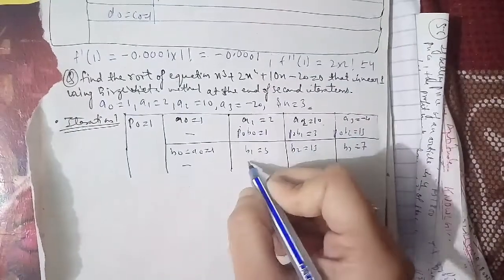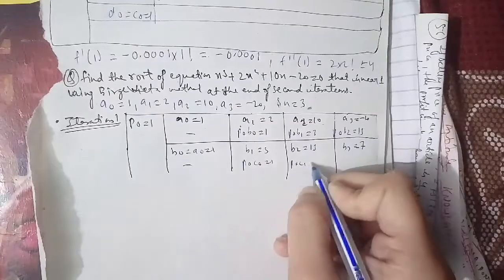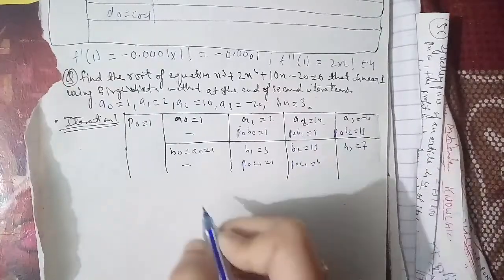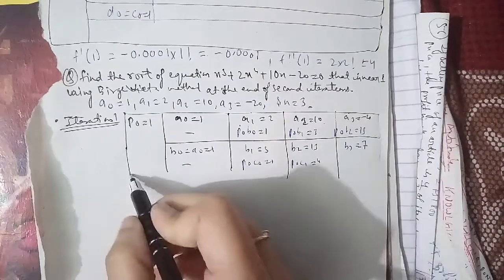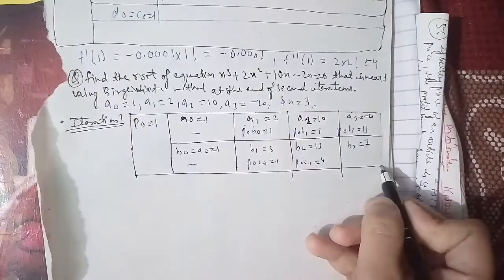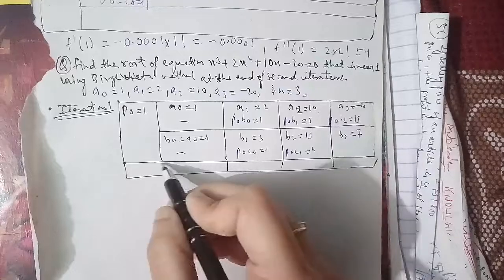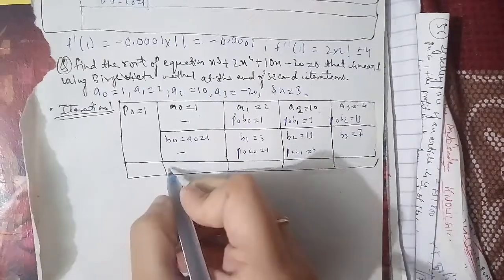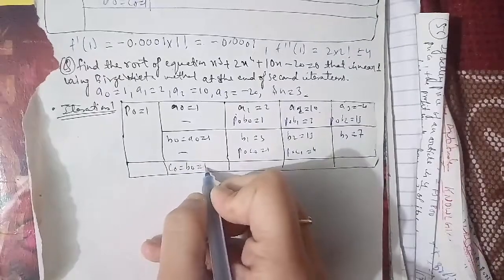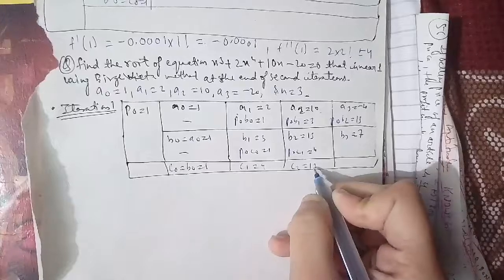For the other row, c0 equals 1, c1 equals 4, and c2 equals 17.